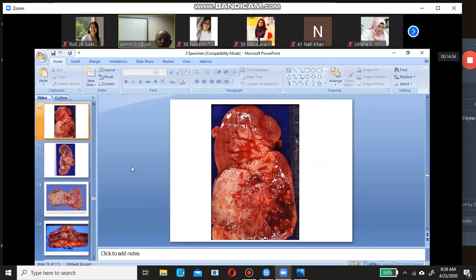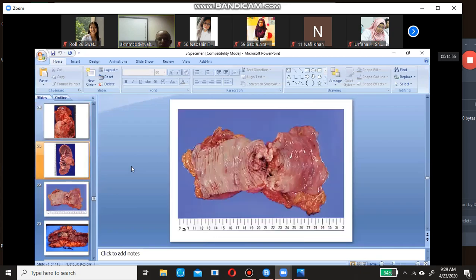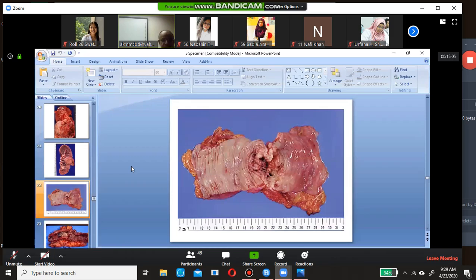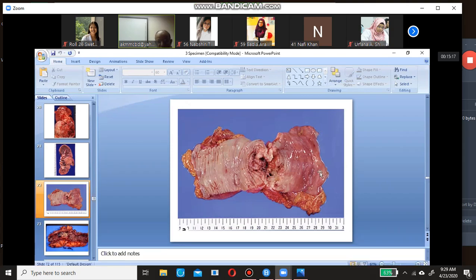Now, what is the specimen? Someone can tell what is the specimen? Okay, you see, this is a long specimen, probably cut here and also here, and there are some folds within. What might be the specimen?